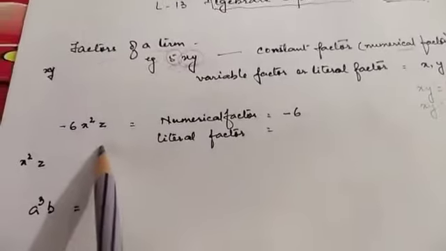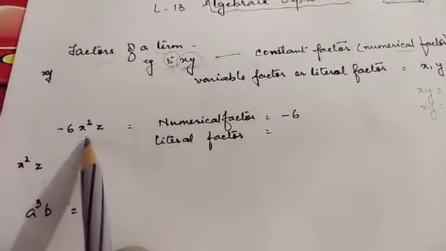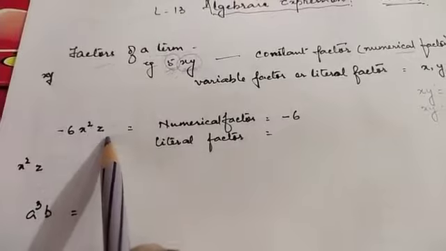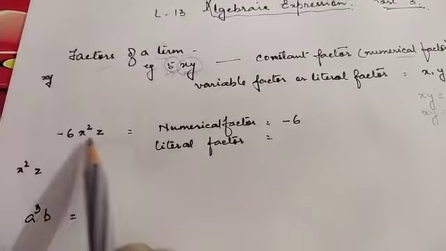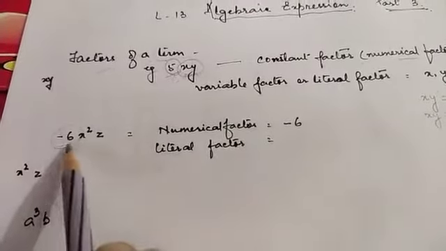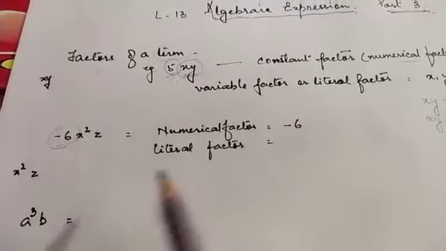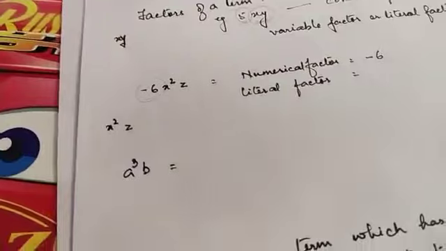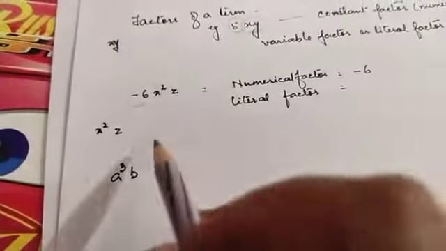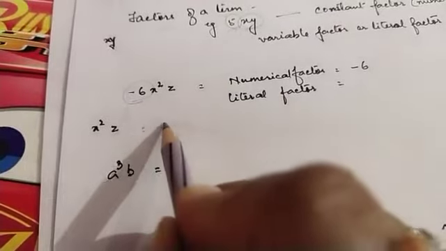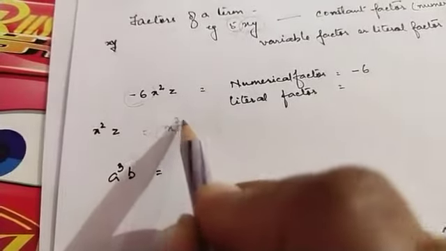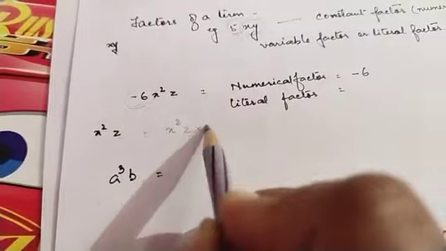Coming to the next example, we have minus 6x square z. The numerical factor is what? Minus 6. And the literal factors, we will factorize this and find out. x square z is equal to x square z into 1.